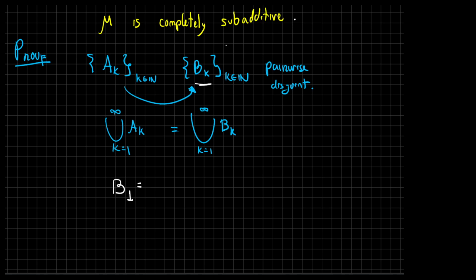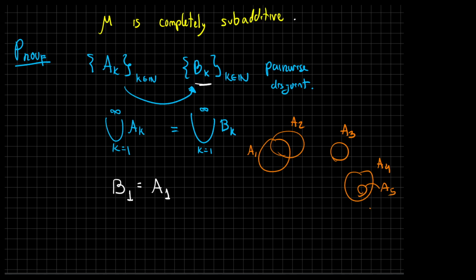Well, the first element of the family can be just the first element of the other, and we can make some graphs here to get the gist of it. So suppose this is A1, this is A2, this is A3, A4, this one is A5, and so on. For the first element, we take this one as our B1.